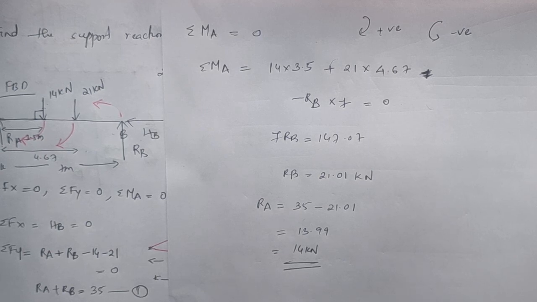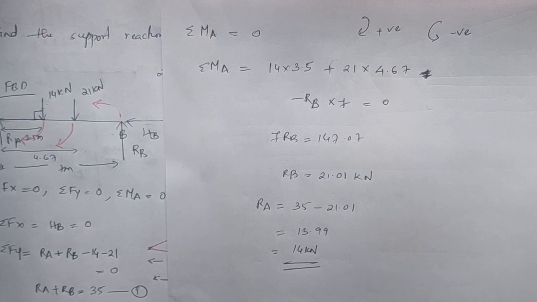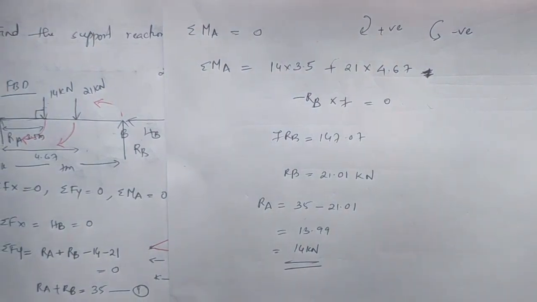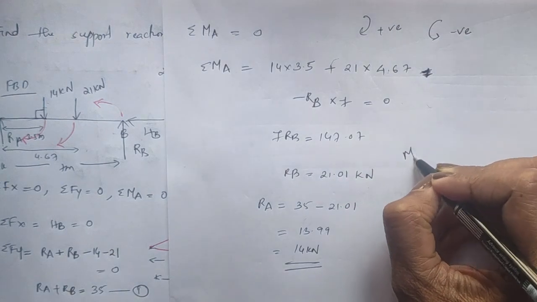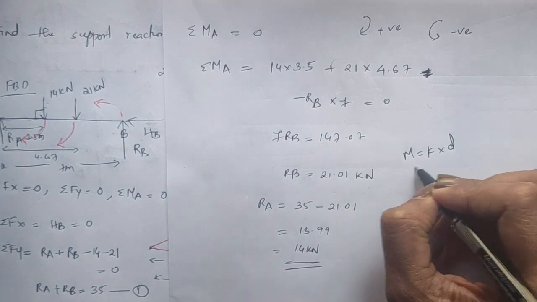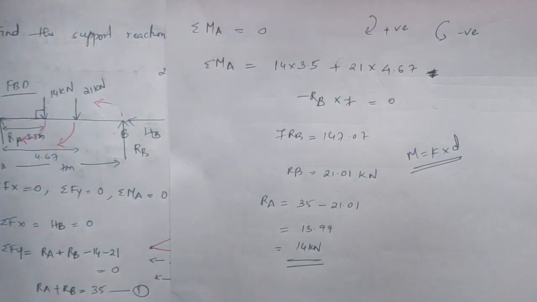When you have fixed, how many reactions? When you have hinged, how many reactions? When you have simple and roller, how many reactions? So I hope this part is clear. To take the moment, you know the basic equation, that is moment is equal to force into perpendicular distance.